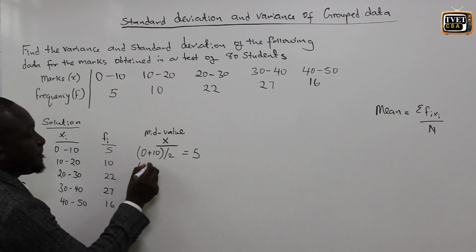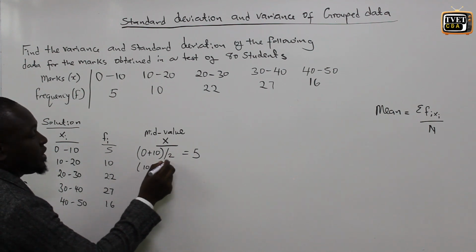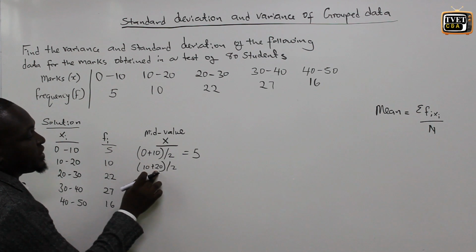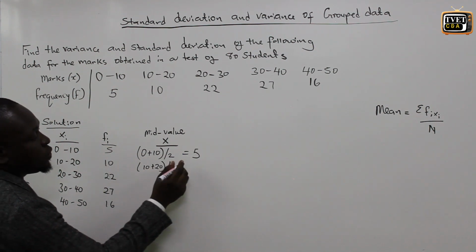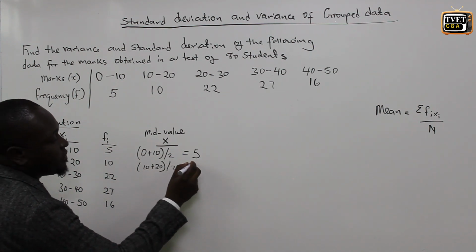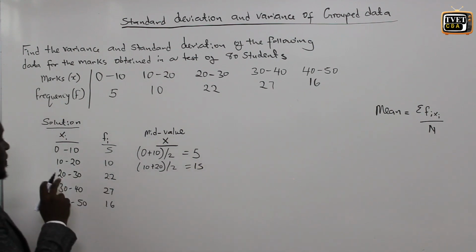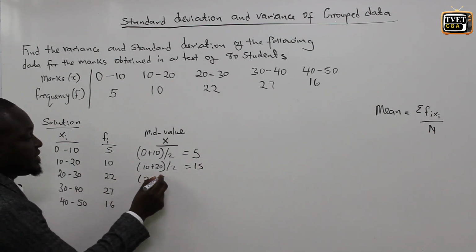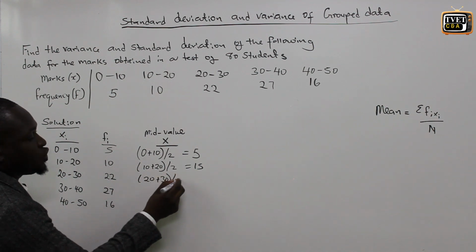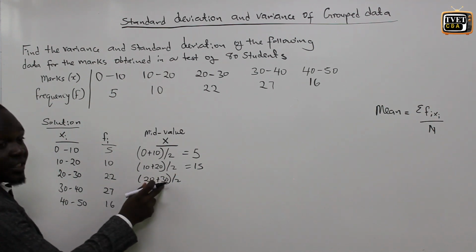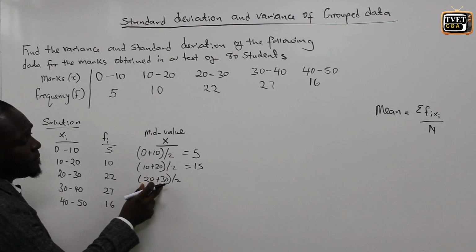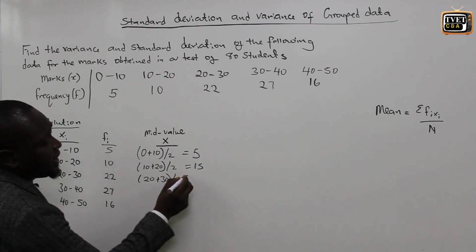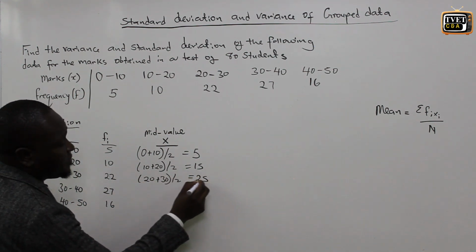The same way will happen here. 10 plus 20 divided by 2. 10 plus 20 is 30. 30 divided by 2, you get 15. Then we have 20 plus 30 divided by 2. 20 plus 30, that is 50, sorry. Divided by 2, you'll get 25.